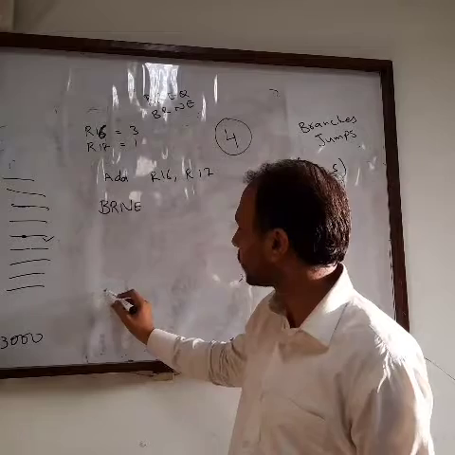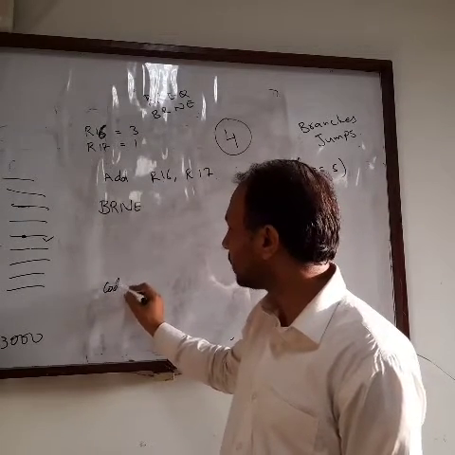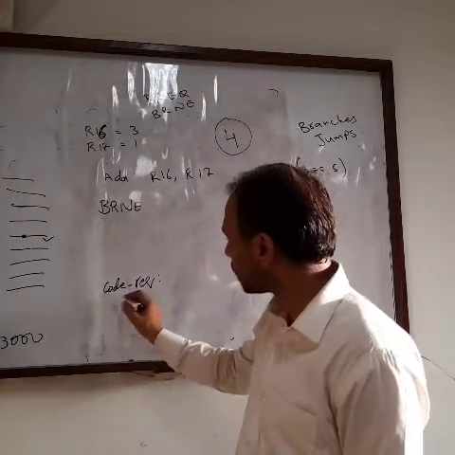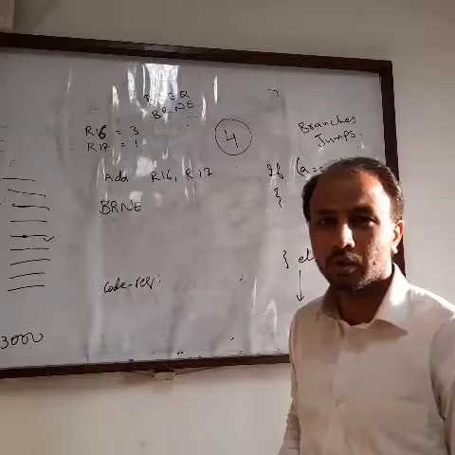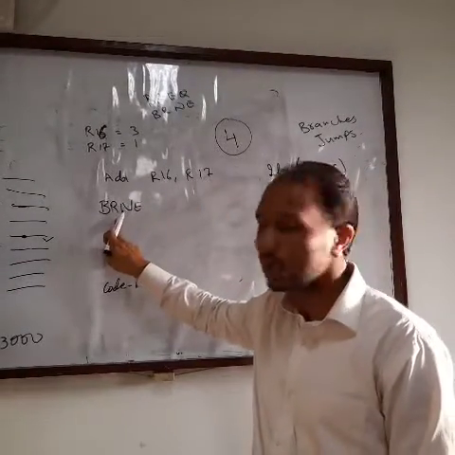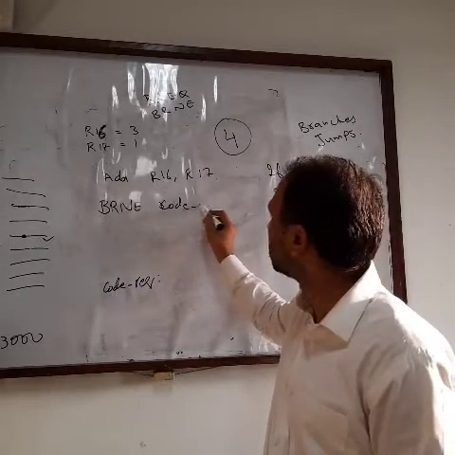Let's say here you have a label, code required. You want to run this code. So what will you do? Add R16 R17, branch not equal, code required.